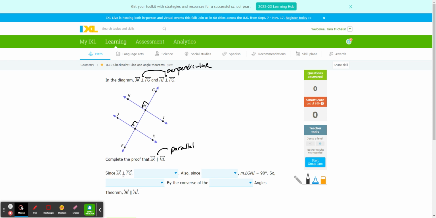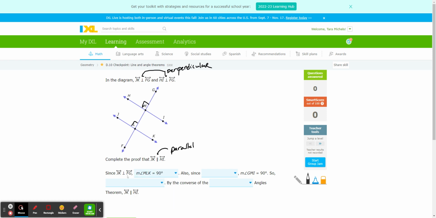Alright, so since JK is perpendicular to FG, that means the measure of angle MLK equals, no, I think perpendicular. We want that MLK is 90 degrees.